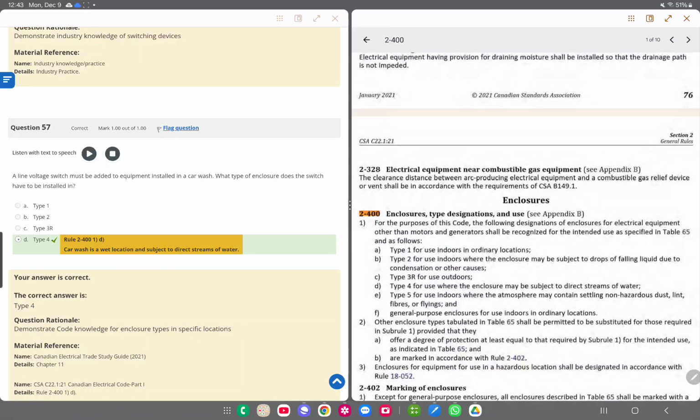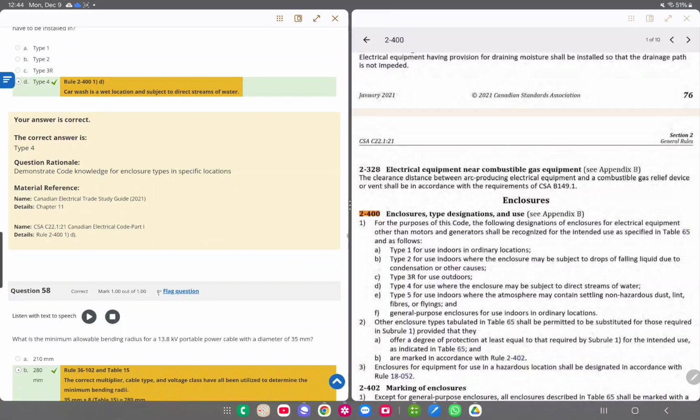Type 1 is for indoors, ordinary locations. Type 2 for use indoors where the enclosure may be subject to drops of falling liquid or condensation. Type 3R for use outdoors. Type 4 for use where the enclosure may be subject to direct streams of water. So that sounds like what we want, right? Type 4. All right, there we go.